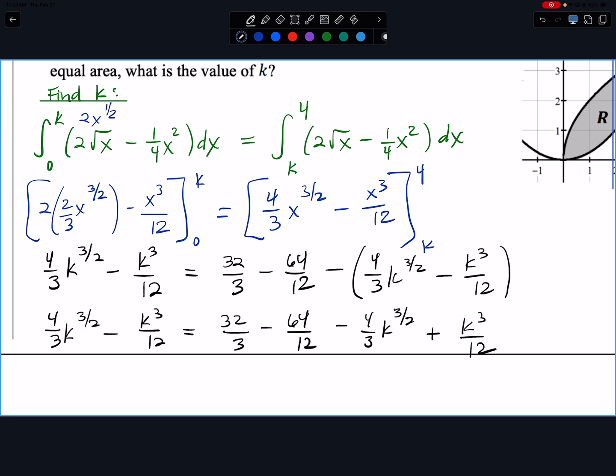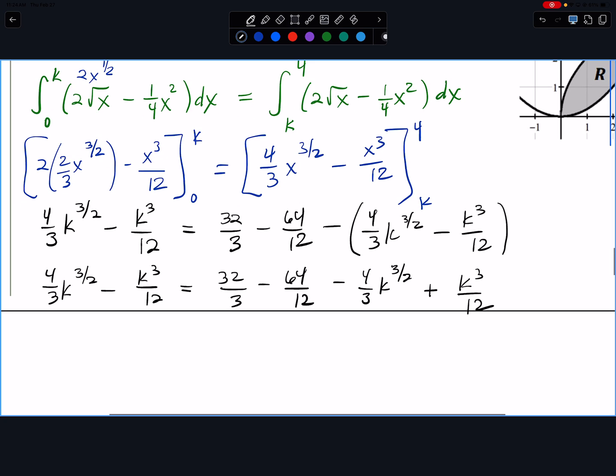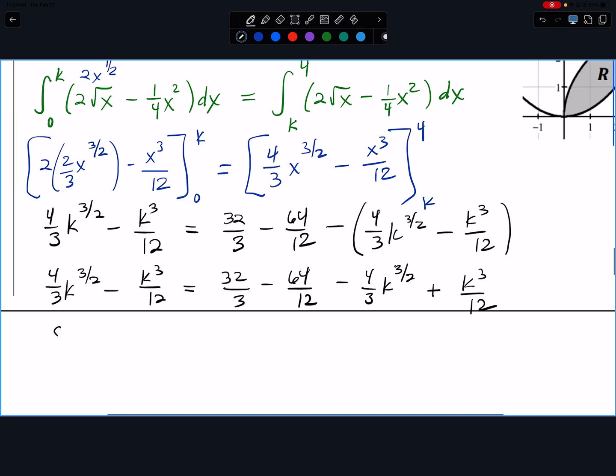Because I want to solve this, your calculator can actually solve this for you. So we're going to get all the things with k's to that side, and all the things that are just numbers on the right side. So I'm going to add 4/3 k to the 3/2 to that. Does that make sense? Because they're both the same term, just the number is different. So what's 4/3 plus 4/3? 8/3. So this will be 8/3 k to the 3/2.